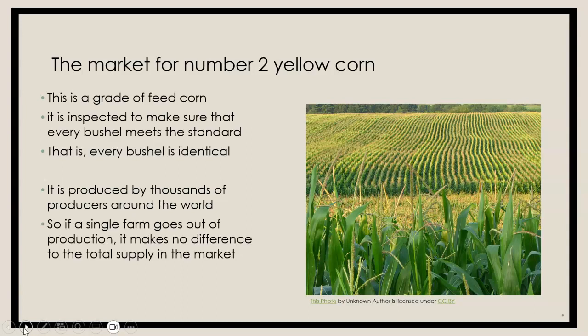Feed corn, like number 2 yellow corn, is produced by thousands of producers around the world. So we've met that other condition for a perfectly competitive market. We have a large number of producers, and no one of them produces any significant component of world supply. So if a single farm goes out of production, it makes no difference to the total supply in the world market.